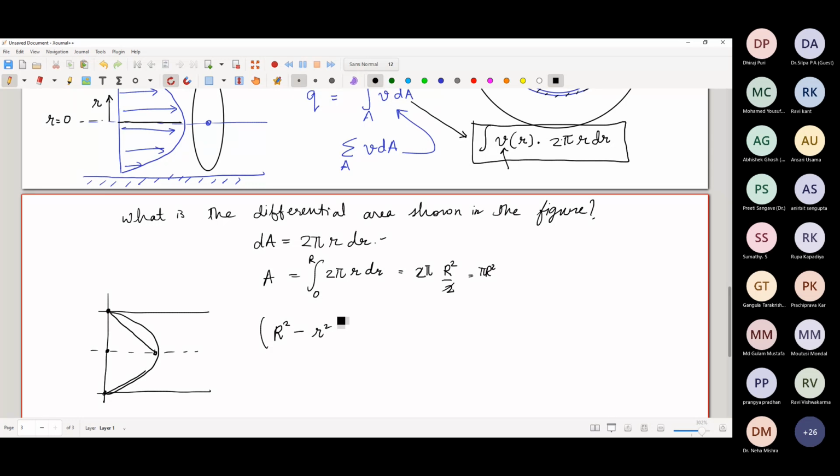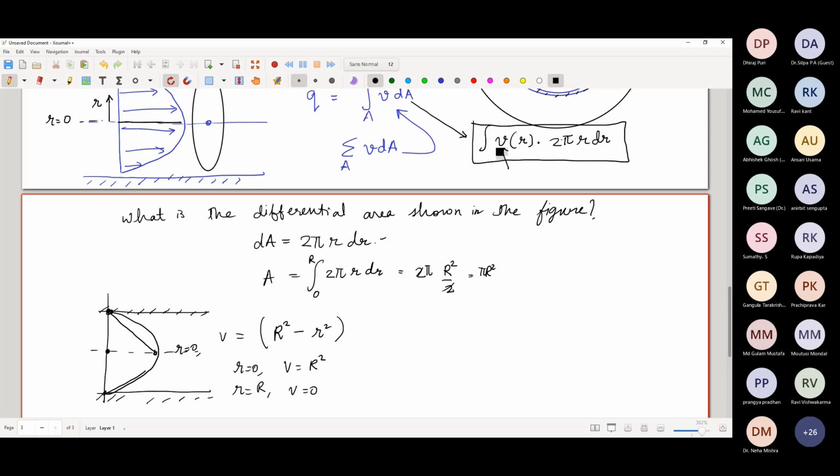So this can be a tentative profile, because we know that when r equals 0, the velocity becomes equal to capital R squared, and at r equal to capital R, the velocity is 0. So we have zero velocity at the surface and the maximum velocity at the center line.